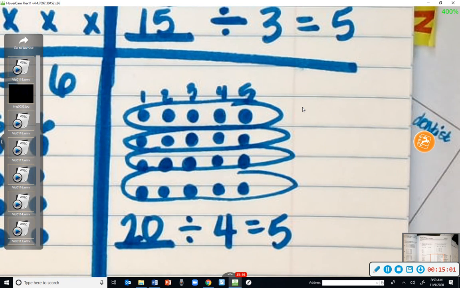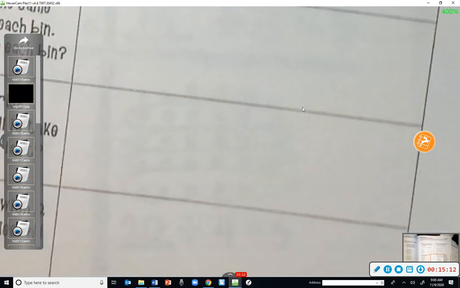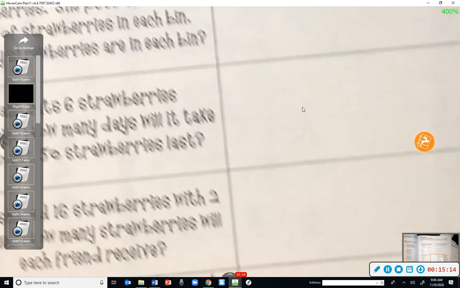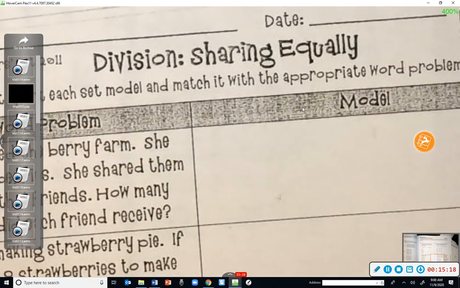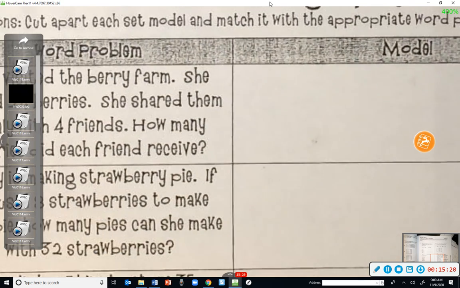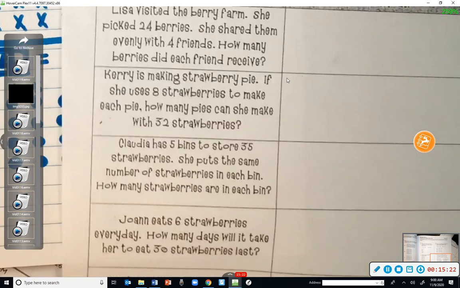Okay, so what you're going to do now, we're going to practice doing division word problems. So just by looking at the title, it says division, sharing equally. So this is not multiplying, you guys. We're dividing.